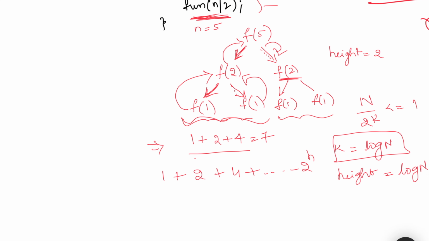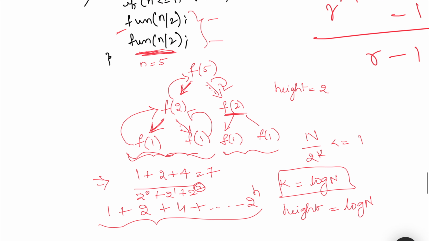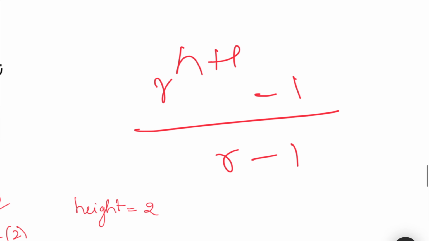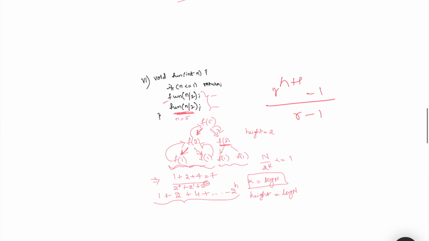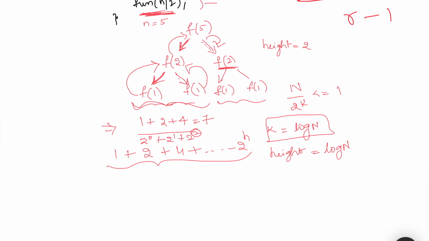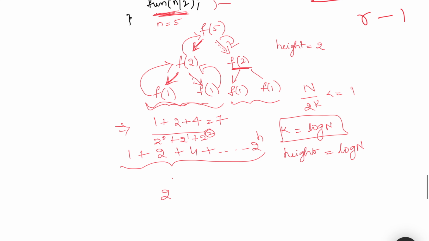We can consider this as 2 power 0 plus 2 power 1 plus 2 power 2, and so on, where h is the height of the tree. So this is nothing but a geometric progression. For a geometric progression we have the formula (r power h plus 1 minus 1) by (r minus 1). Here r is 2, the common ratio. So 2 power h plus 1 minus 1 by 2 minus 1 is 2 power h plus 1 minus 1, and we substitute h equals log n.